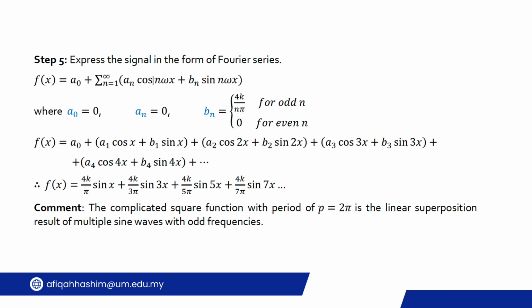And then you can get that f(x) is equal to, your a node is 0, and then we start with a1 cos x plus b1 sin x.